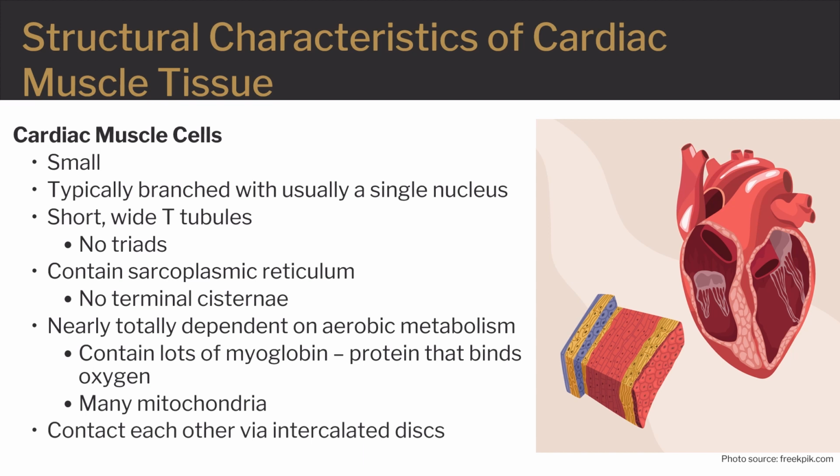Mitochondria are organelles that act as the site of aerobic respiration and provide a high amount of ATP, a high-energy molecule used for muscle contraction. Lastly, cardiac muscle cells communicate with each other through intercalated discs, which contain gap junctions that allow ions to move easier from one cardiac muscle cell to another.